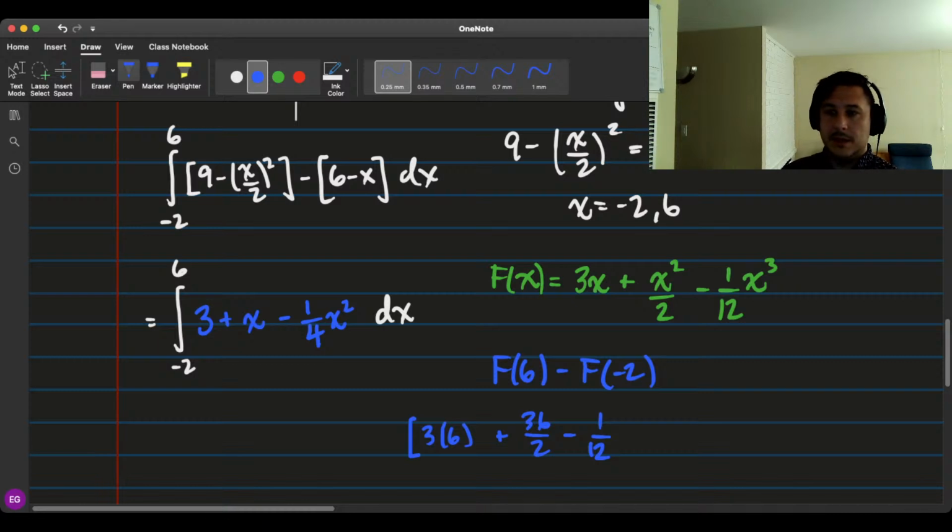What is 6 times 36? 216. And then we'll get minus, when you plug in -2, you get 3 times -2. -2 squared is 4 over 2, minus 1/12 -2 cubed, which is minus 8.